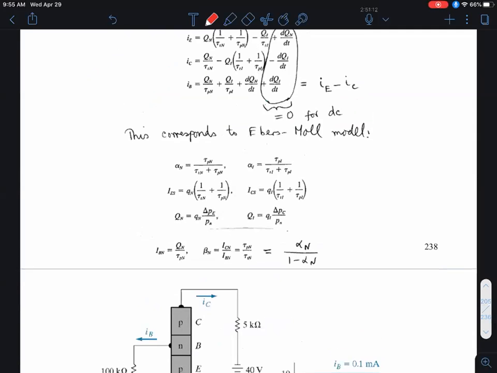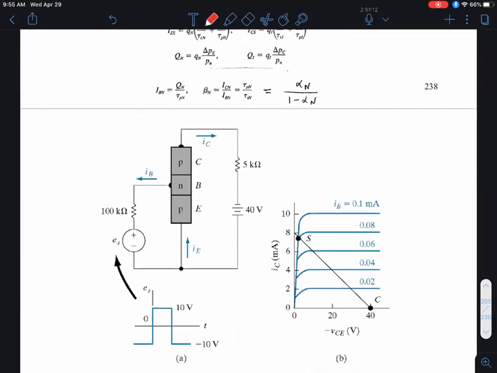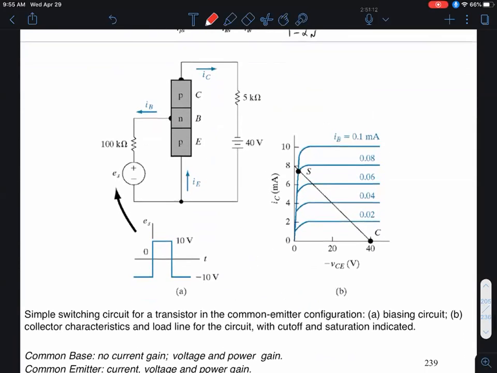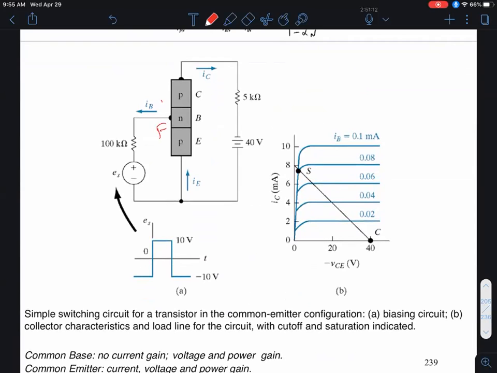So in that mode of operation, you can see what's going to happen. If I forward bias this and forward bias this, they will have a low impedance. This will basically be a short circuit. Now that corresponds to this region of the output characteristics. So I'm plotting IC as a function of the output VCE for different base currents, IB.